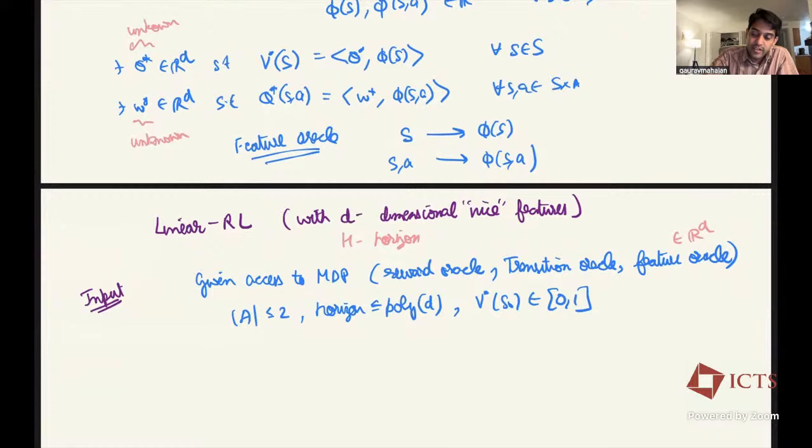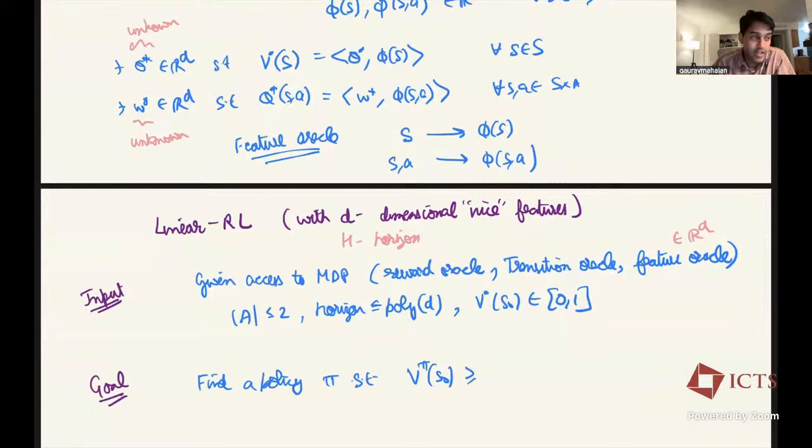Okay, and then the goal is to find a policy pi such that V pi of S0 is bigger than, let's make it strict, V star of S0 minus 1/4.